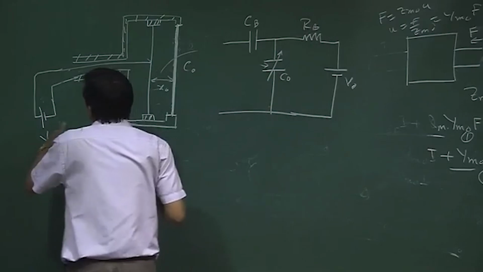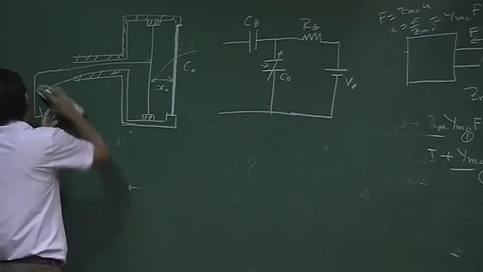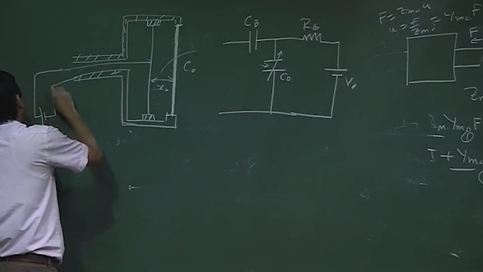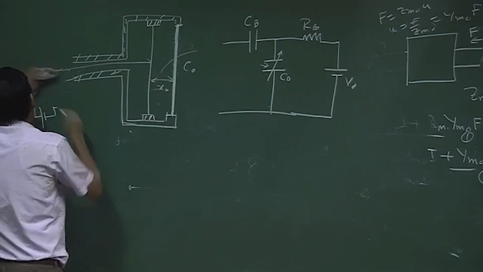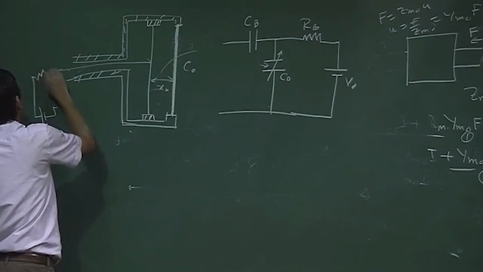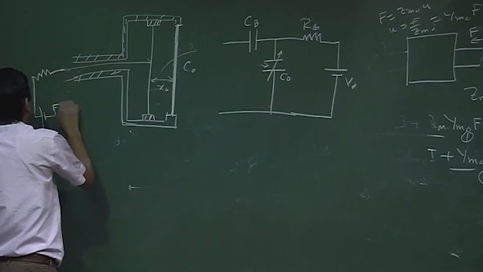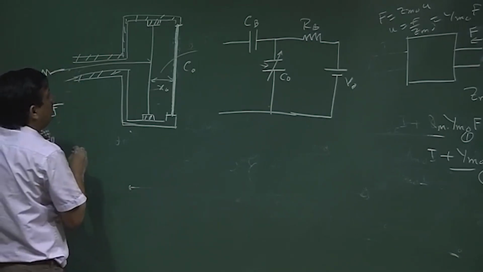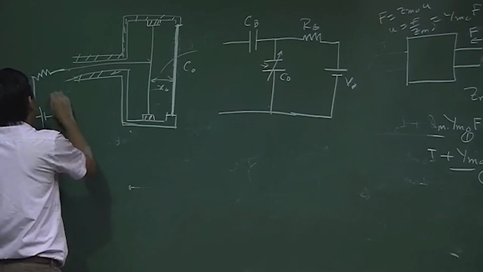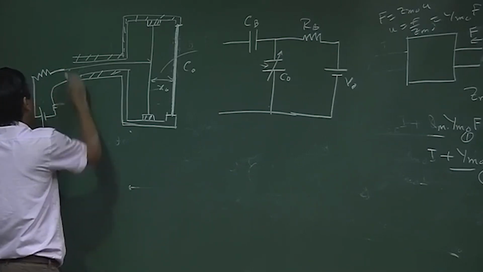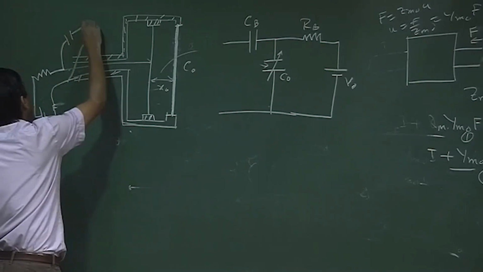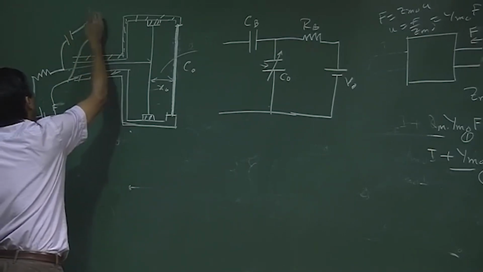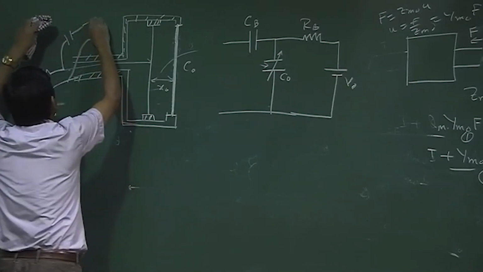So, I draw that this voltage V0 is supplied by a resistance. In between there will be a capacitance by which an alternating voltage source is connected here.